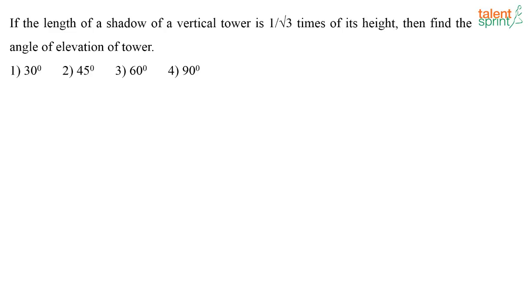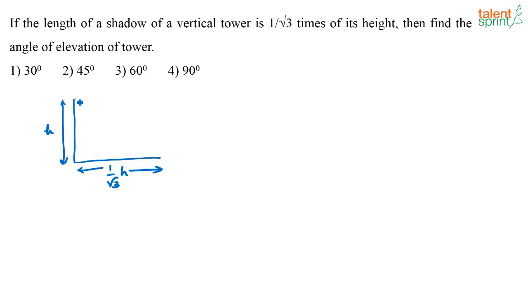So you have a tower here like this and its shadow. Let the tower be of height h. What is the shadow? 1 by root 3 times the height. This is the length of its shadow. Find the angle of elevation.